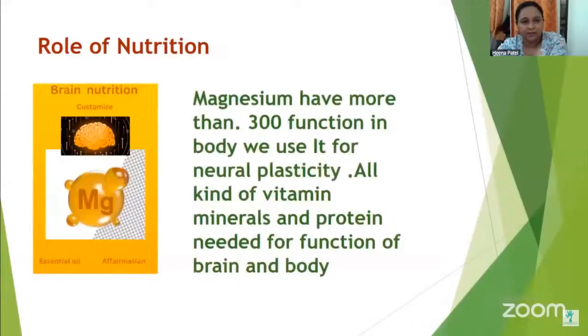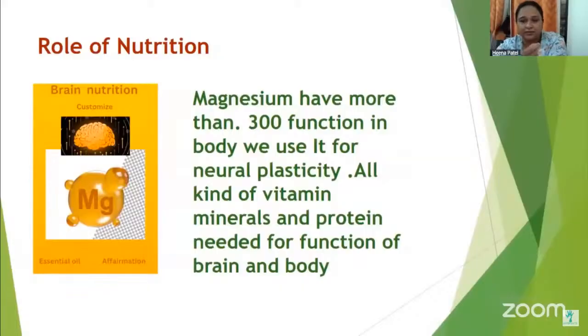Role of nutrition: magnesium has more than 300 functions in the body. We use it for neural plasticity. We need a good amount of magnesium within our body to maintain the plasticity of neurons. Sometimes our body gets rigid and we are not able to bend. That's the rigid nature of the body. In the same way, if neurons have no plasticity, they will not work in a better manner.